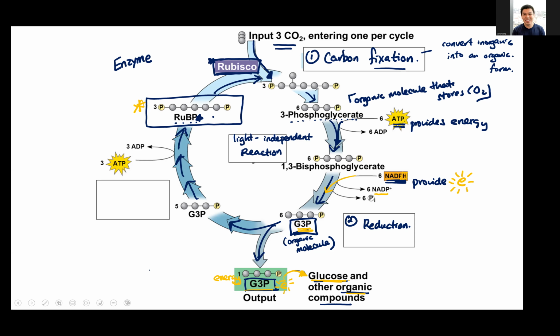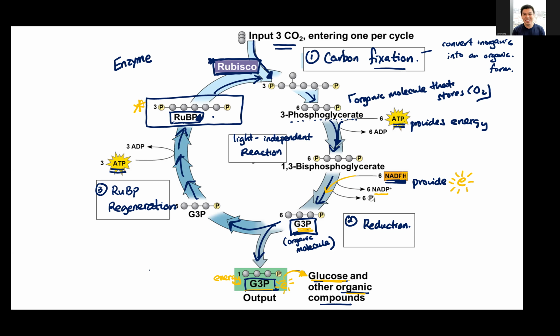So the third step of the light-independent reaction is RuBP regeneration. This process does need input of ATP in order to provide the energy needed to regenerate RuBP.